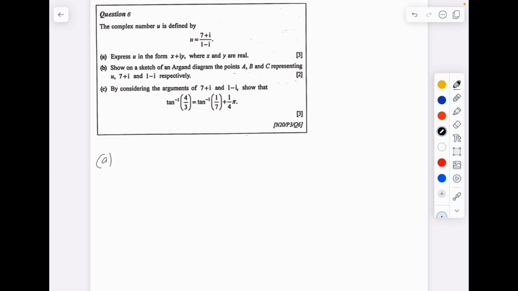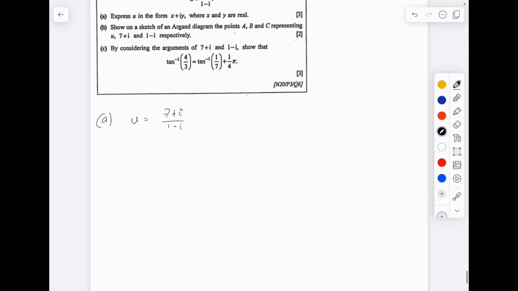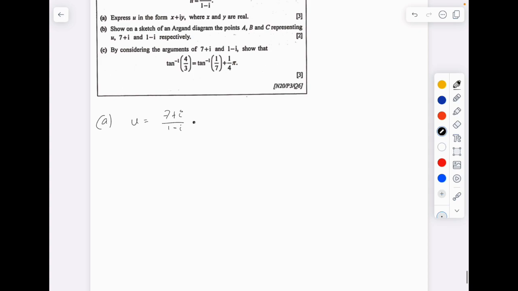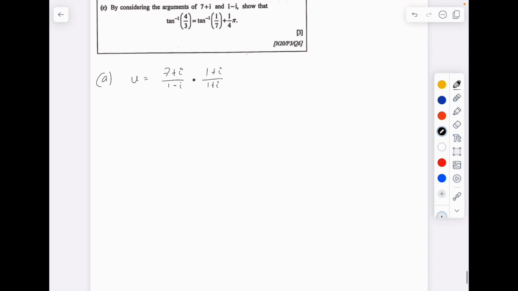Alright, so the way we do this is we're actually going to say, well, okay, cool, u is equal to 7 plus i over 1 minus i, but now what we're going to do is rationalize the denominator. So it's the same thing as saying timesing by 1 plus i over 1 plus i, right?